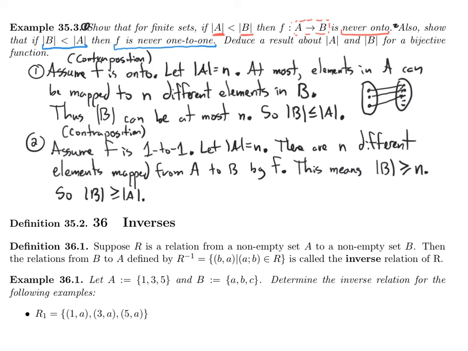And our conclusion, well, remember, onto functions have to have the codomain less than or equal to A. A 1-to-1 function has to have the codomain greater than or equal to A. So if a function is both 1-to-1 and onto, the only way that's possible is if the codomain equals A in size.